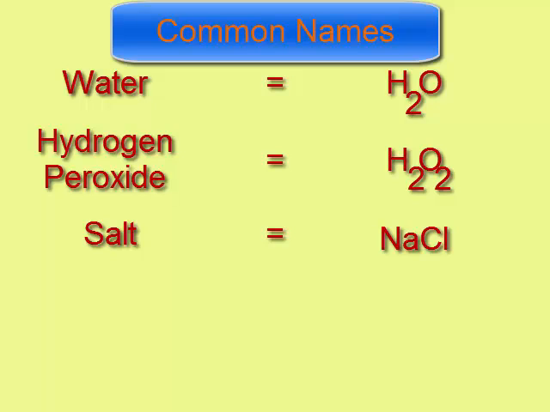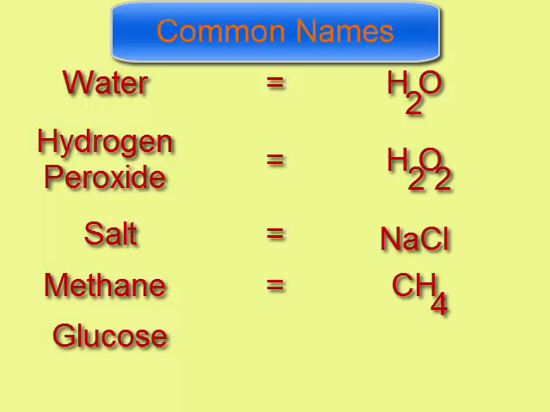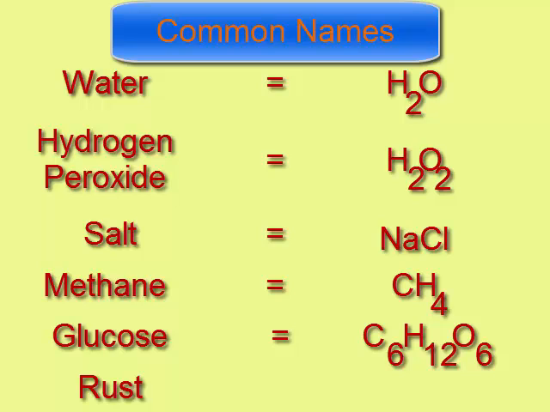You need to know that methane is CH4. The glucose molecule, the one produced from photosynthesis, that all-important sugar, is C6H12O6. And you also need to know that rust is Fe2O3.